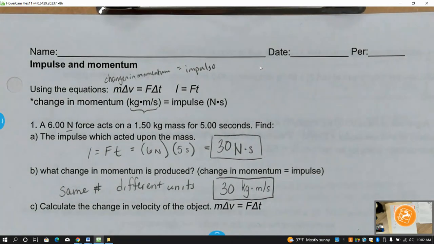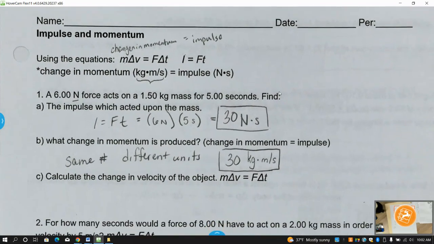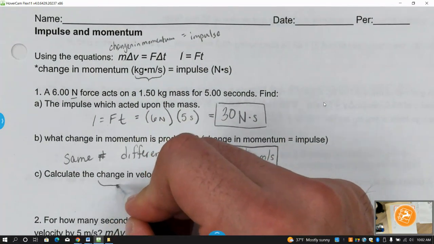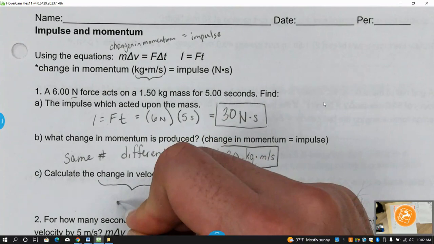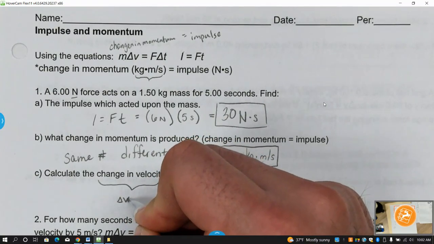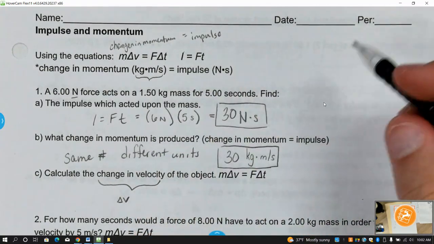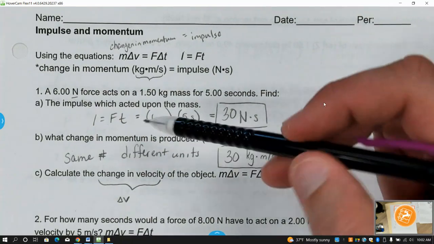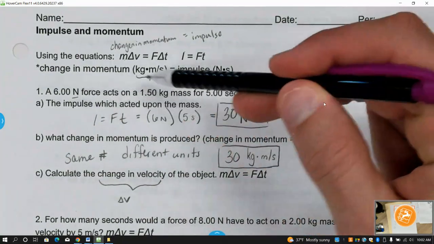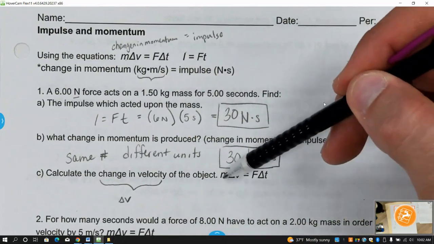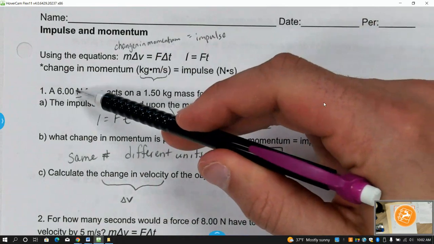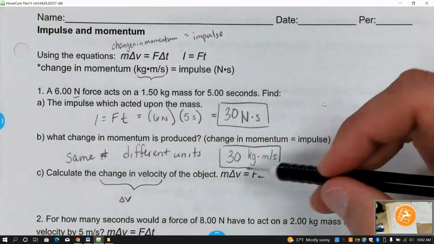Now they want you to therefore calculate the change in velocity of the object. Change in velocity, that's what delta V is. That's all that means. So the easiest way to do this problem is put all the guys with their units underneath the right variable. So 6 newtons, what would that go under?